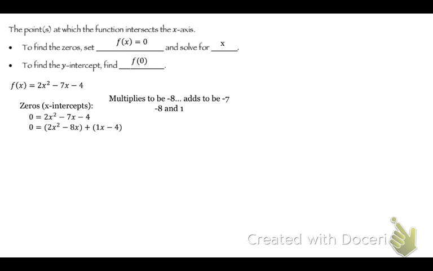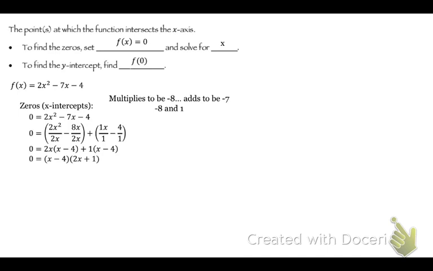Group those first two, group the second two. You can pull out a 2x from there, and pull out a 1 from there. So that's going to be 2x times x minus 4, plus 1 times x minus 4. Pull out that x minus 4, so that's x minus 4 and 2x plus 1. If you factor that a different way, totally fine. Then we're going to set both of those equal to 0. So x minus 4 equals 0, 2x plus 1 equals 0, so x equals 4 and x equals negative 1/2.